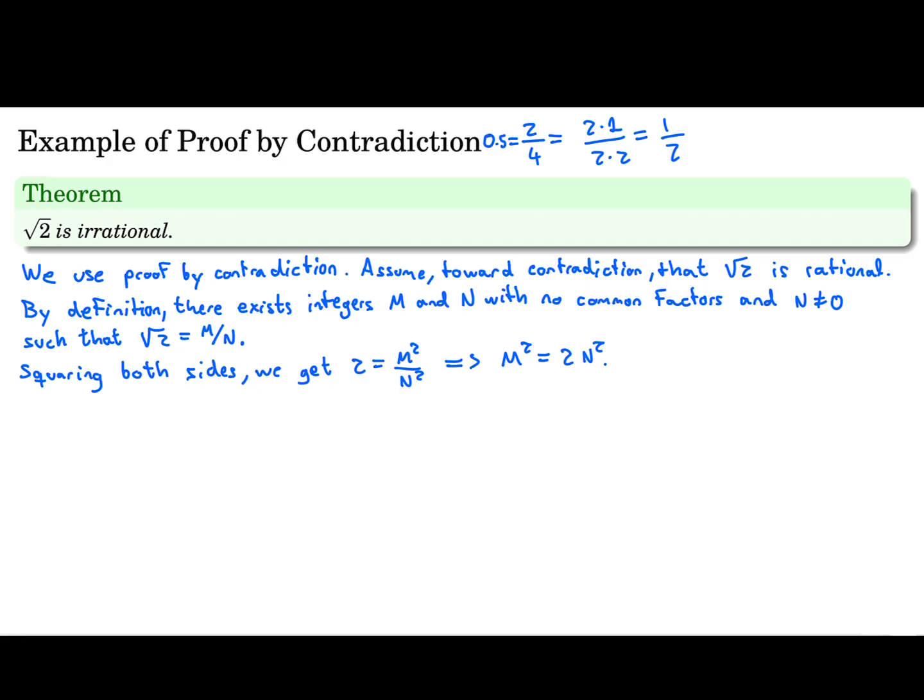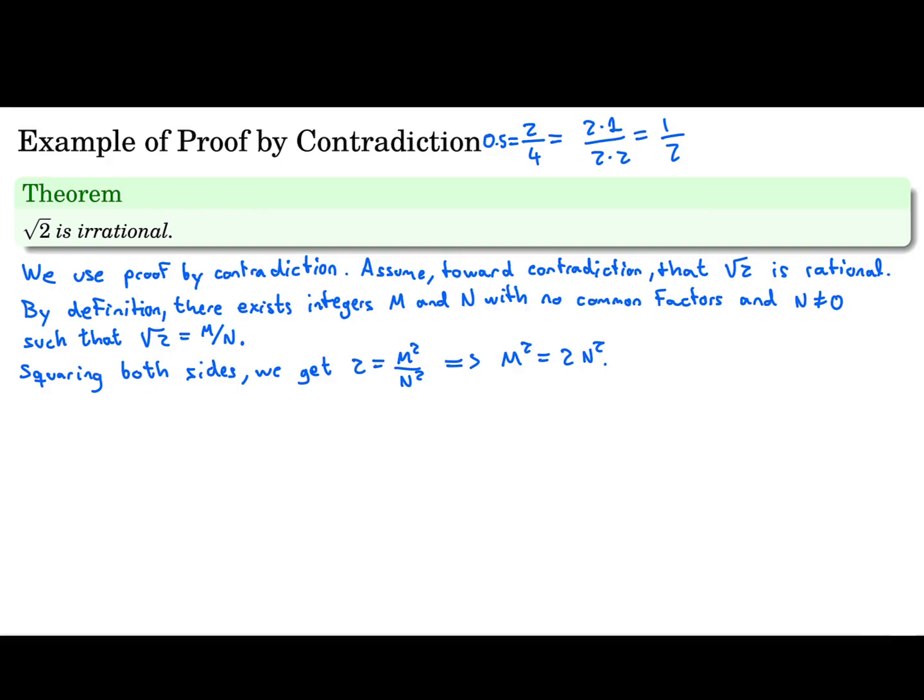Okay. Now, we saw in the contrapositive video that if the square of a number is even, then the number is even. So go back to that video and take a look at that proof. So we can use that proof now.